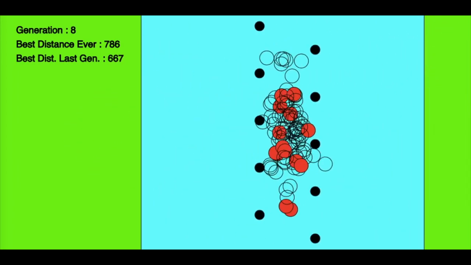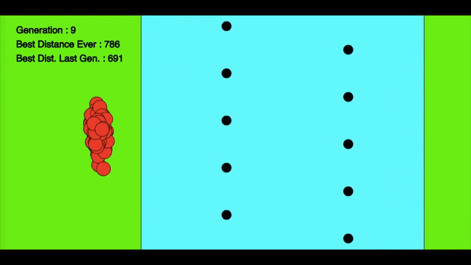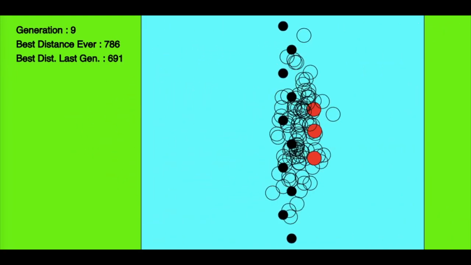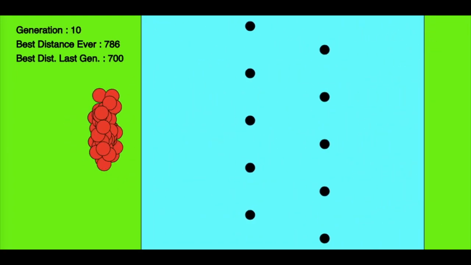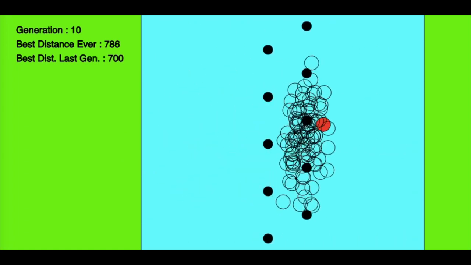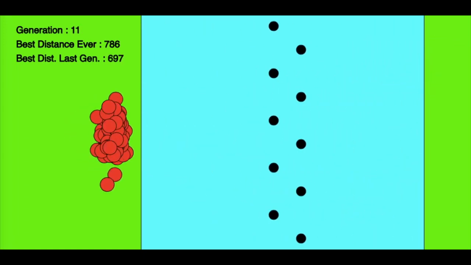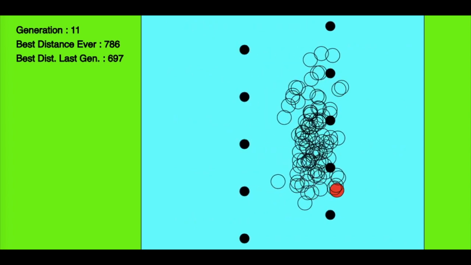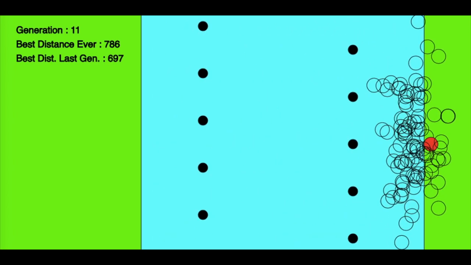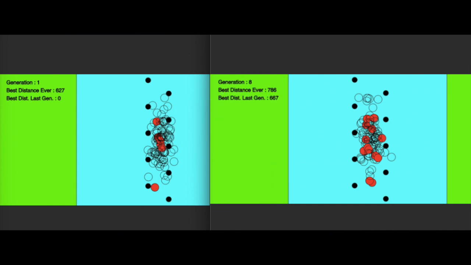If you see some dark circles, the dark circles basically mean that there are more players over there, like the density of the players in that area is high, which means that they're actually evolving. At the end, one player actually makes it, which is pretty good. Over here, you can see the differences.